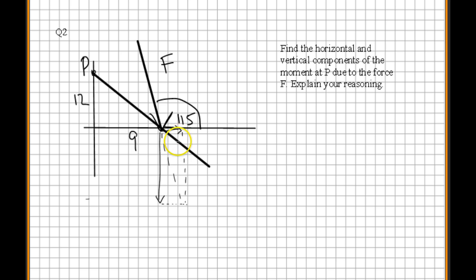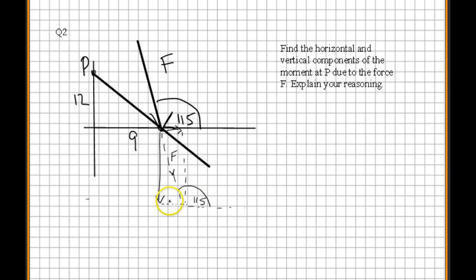Well, if we know this force F here, we need some trigonometry to find these components. We know this force here acts at 115 degrees. So we know that that angle there is similar to this angle up here, using the horizontal and the same line there, so that has to be 115 in here.